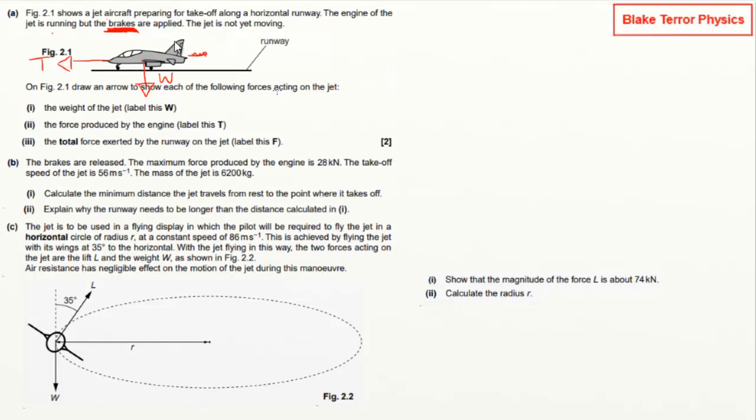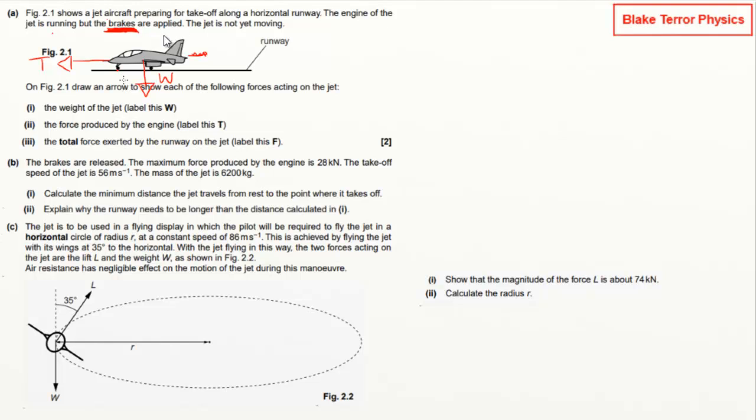All they're doing is stopping the wheels from turning, which means the friction on the ground is going to stop the plane from sliding. If the wheels can turn, the plane will roll. If the wheels can't turn, the plane has to skid in order to move. So you're getting that friction effect going on there. But the brake force is internal to the plane, so it can't be the thing that's stopping it from moving.